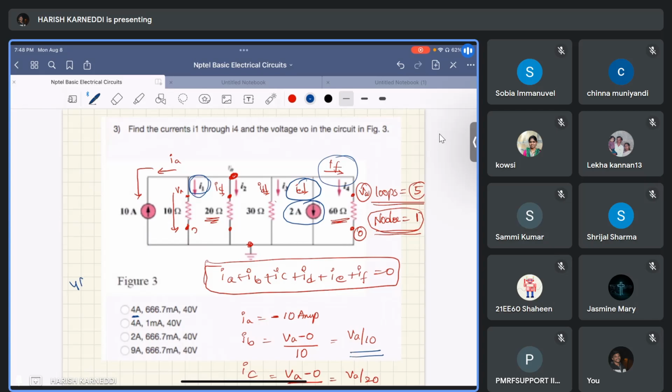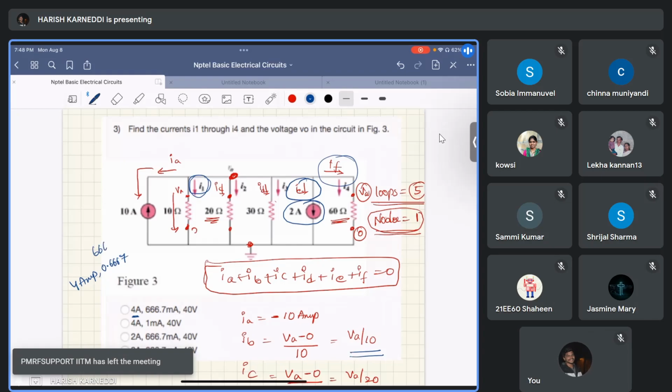I1 equal to 4 amperes and I4 we found is 0.667 amperes, or 666.7 milliamperes. We can write like this, right? Then V naught equal to 40 volts. What's the option? That is option A.